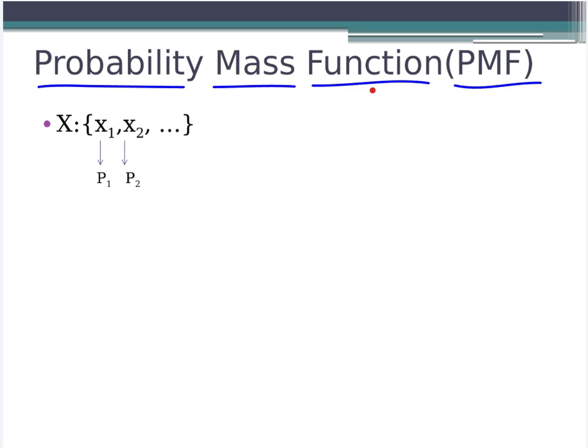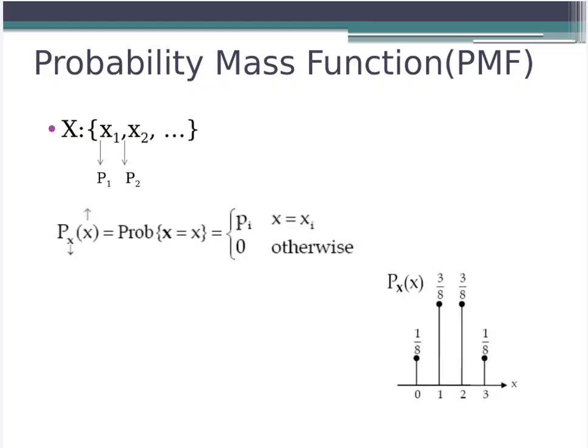But what's the meaning of the PMF of a random variable? How do we define the probability mass function for a discrete random variable? Suppose that we have a discrete random variable x.